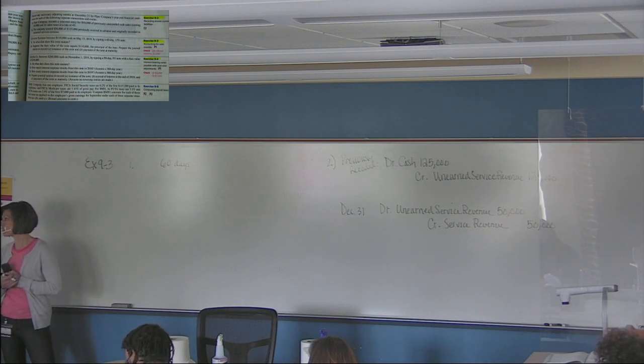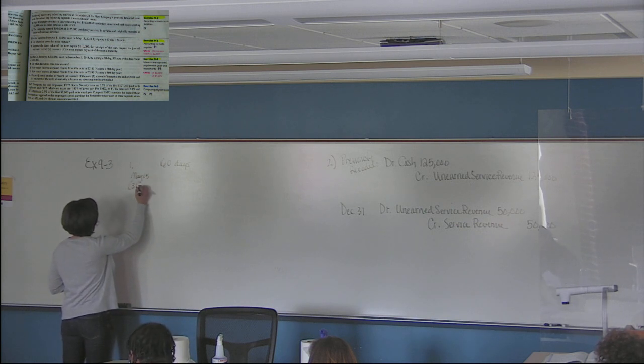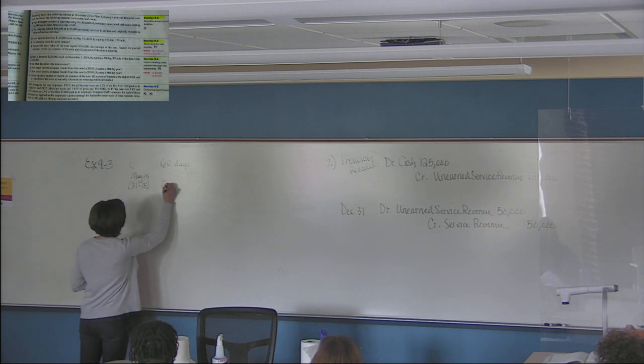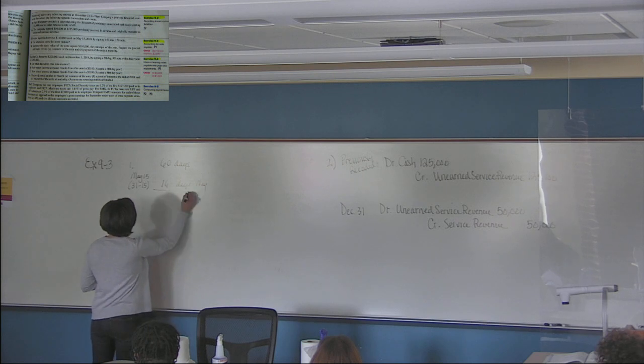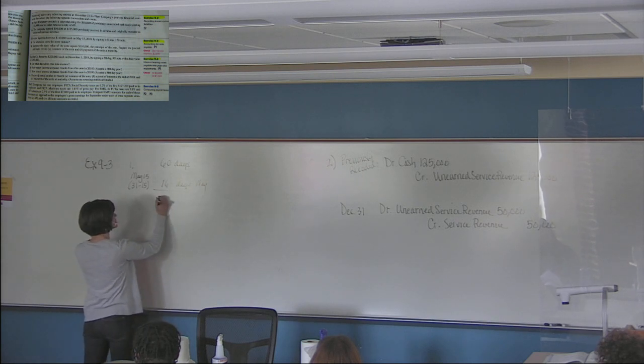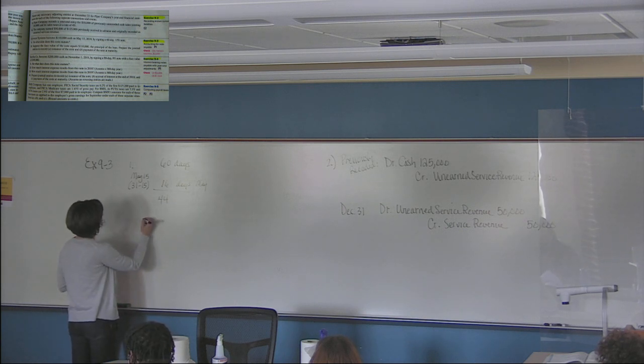So how many days are in May? So if this was signed on May 15th, right, 31 minus 15 is? So we got 16 days remaining in May, right? All right, so that gives me, right? Okay. What comes after May?